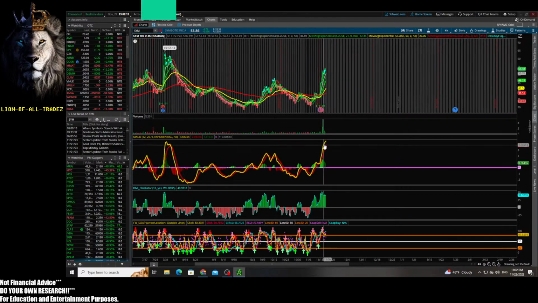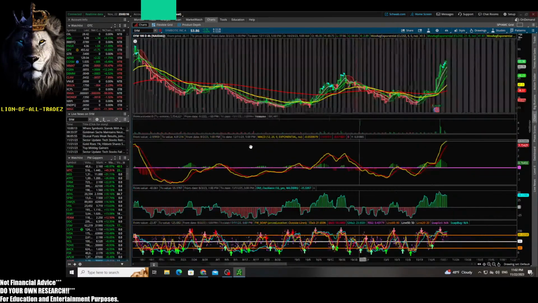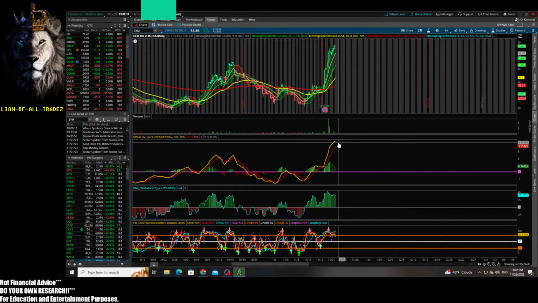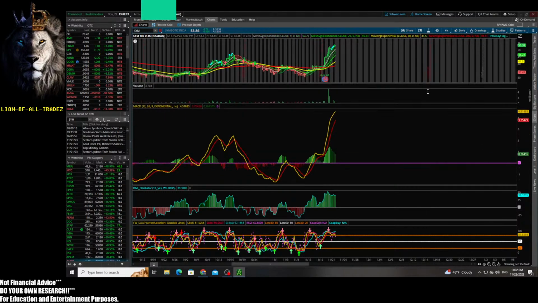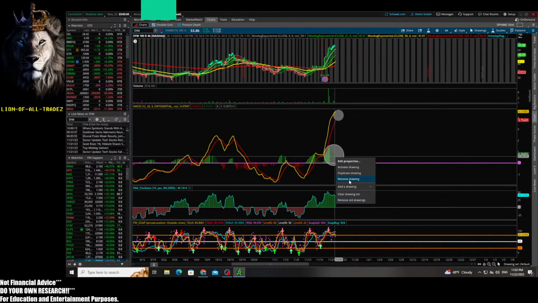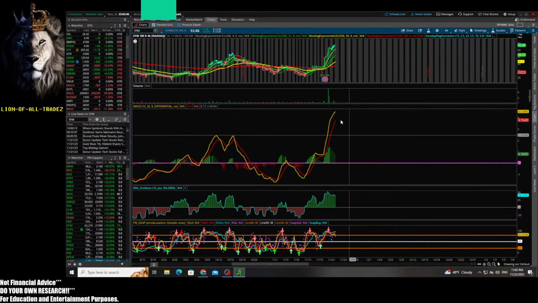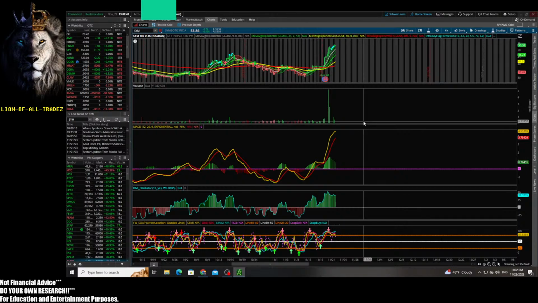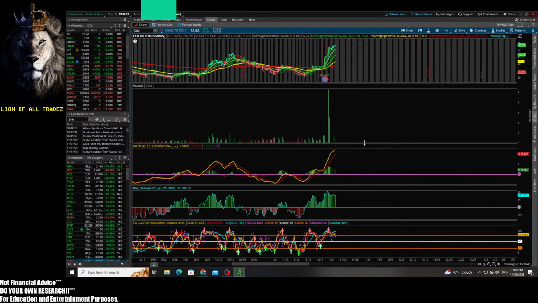It's starting to curl right here, right at this point, and you can tell because of this here, it's sloping down. Yeah, we're probably gonna see some pullback eventually. Just my opinion, though. It's not a prediction; it's a spoiler.